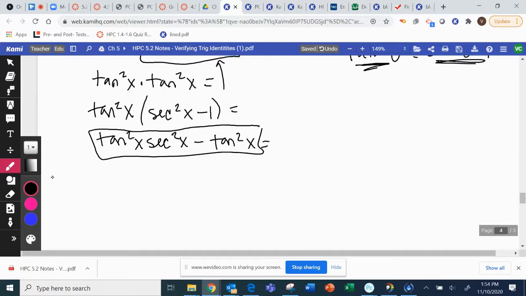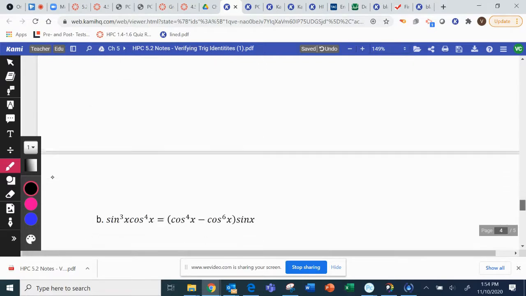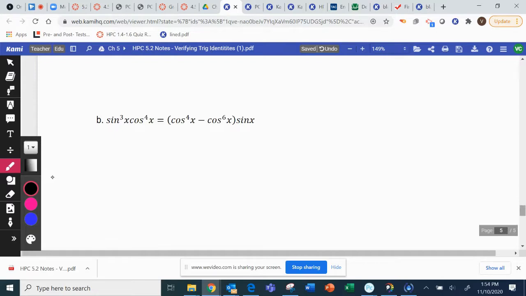All right, the next one we are going to use, which side? We're going to block that one in. We're going to use the sine to the 3rd, cosine to the 4th.